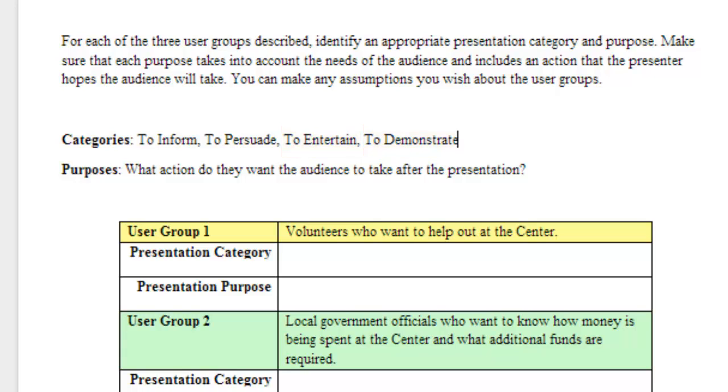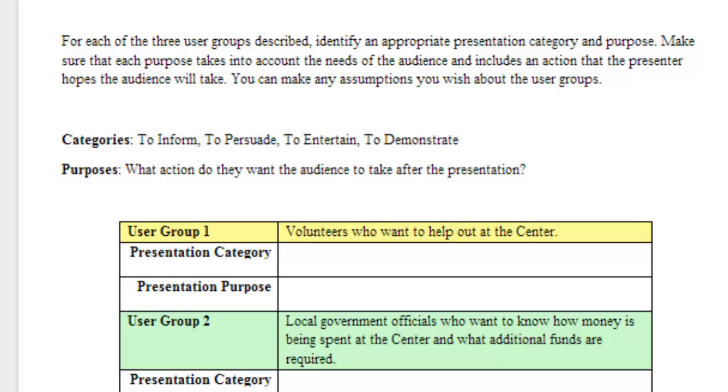That's the first thing you need to identify. Then you're going to identify the purpose. That means, why would they give a presentation to that audience? For what reason? Why would somebody stand up in front of volunteers who want to help out at the center and give them a presentation?